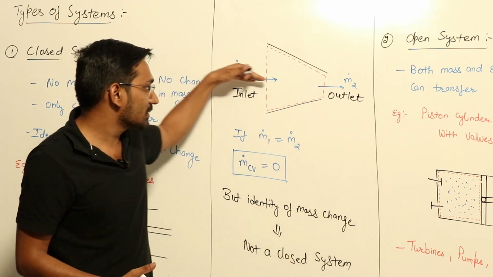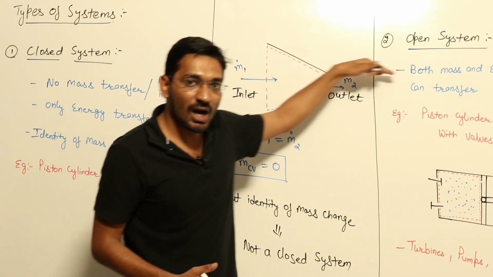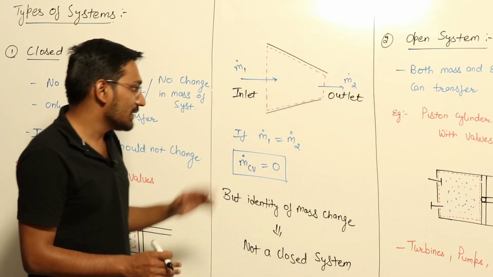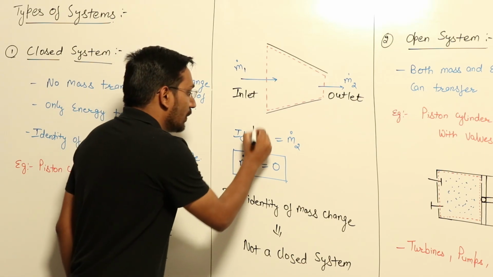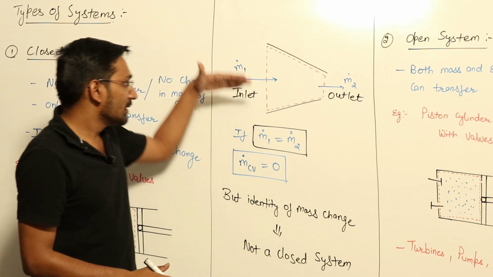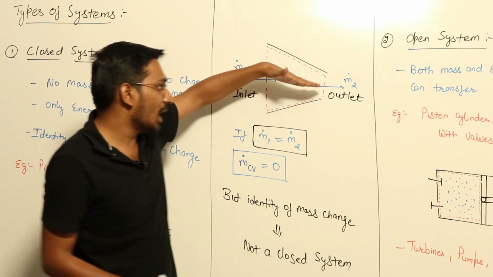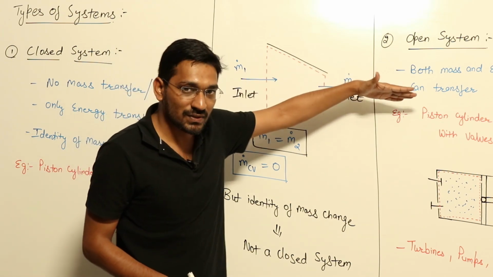So m dot 1 is the mass coming inside the system, m dot 2 is the mass going out of the system. If both m dot 1 and m dot 2 are equal, it means the amount of mass coming into the system is equal to the amount of mass going out of the system.